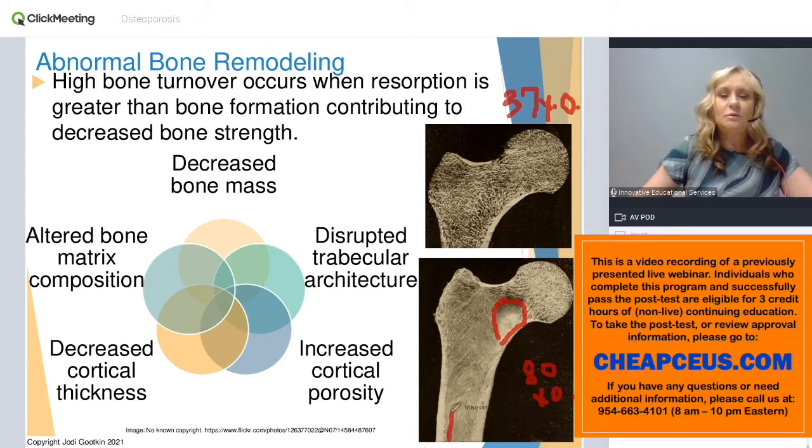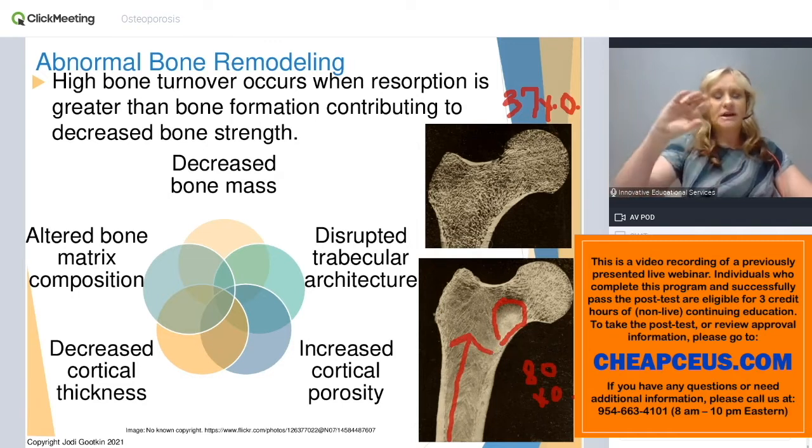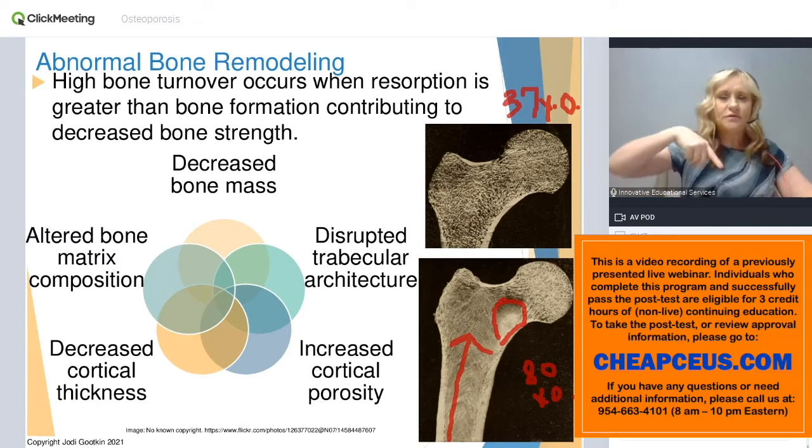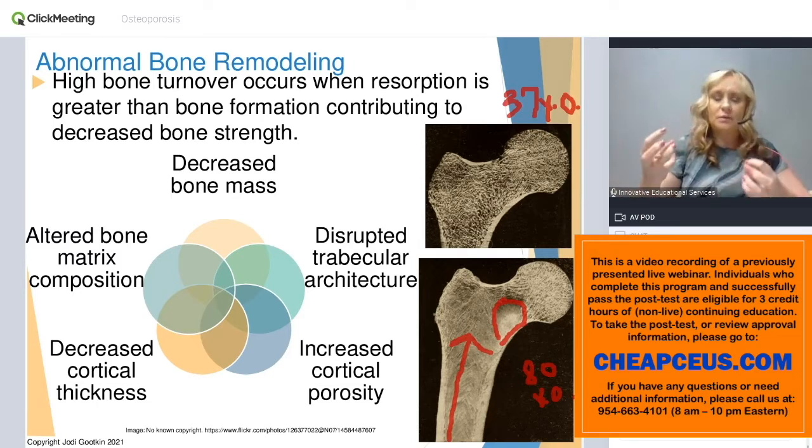And you can almost envision, look at how fragile all of that architecture looks. It almost reminds me of fibrous insulation, where if you just ran your finger through it, it would just crumble. And imagine this is what the individual's full weight-bearing force is going through. So it becomes more fragile.